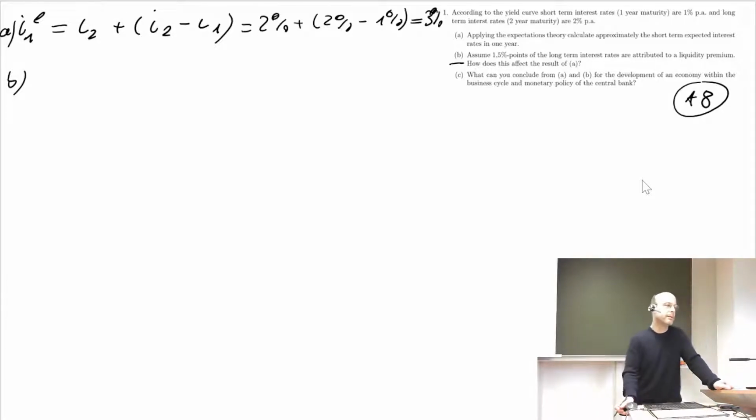For B, we now want to incorporate the other main explanation why interest rates for different maturities differ. And this was the liquidity premium theory. Again, what was the liquidity premium theory?